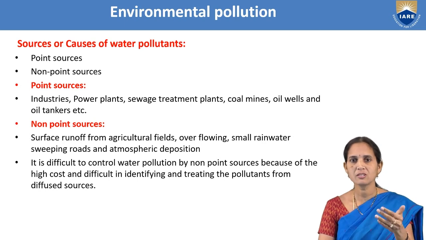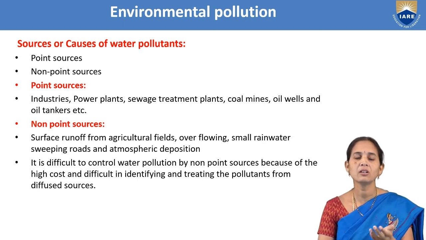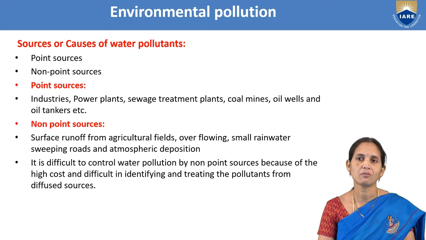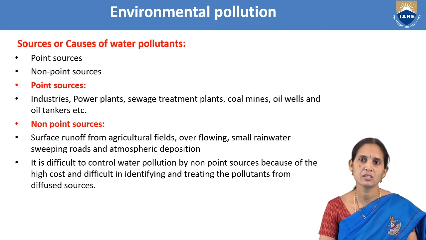So those chemicals with the rainwater are coming and entering into the river, polluting the river water. So here we can see non-point sources, mainly the surface runoff from agricultural fields.